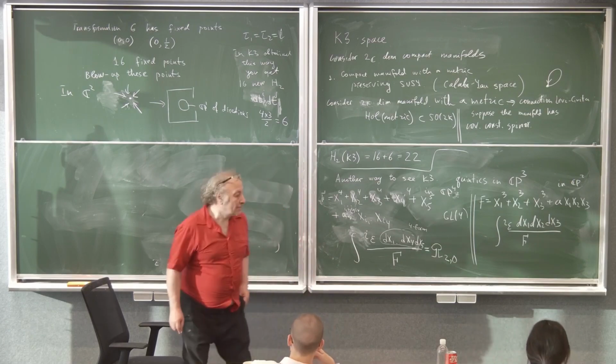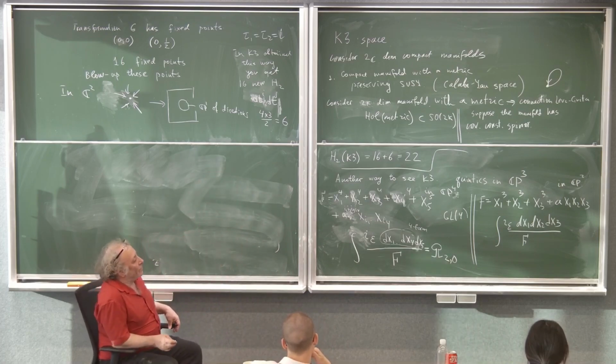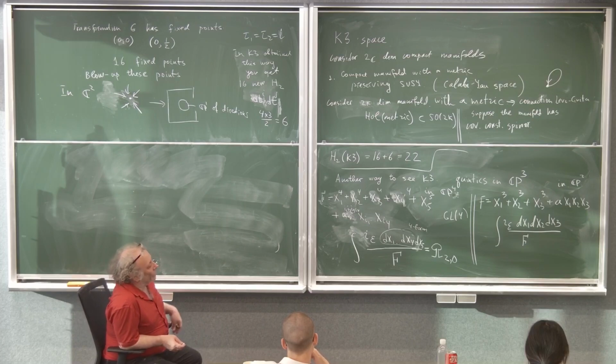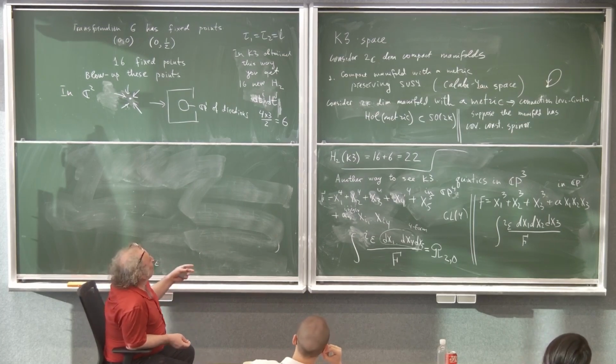There is a rumor that this thing is some kind of section of that thing. However, I'm not going to describe the quintic at the moment. I'm going to discuss the quartic.